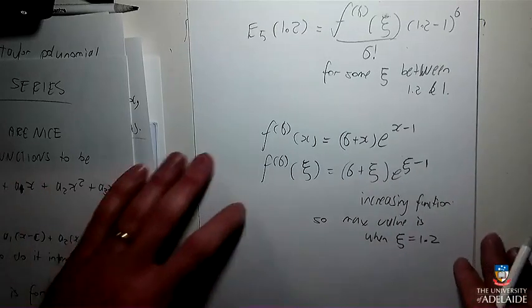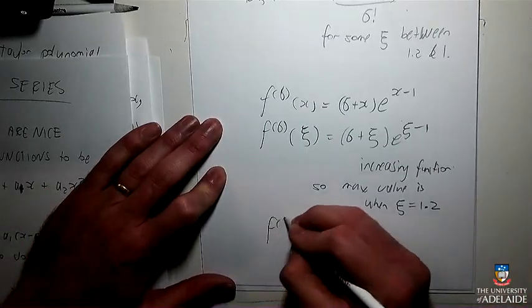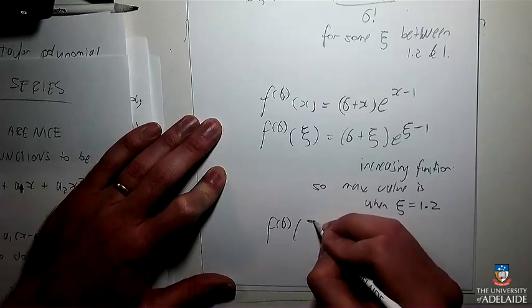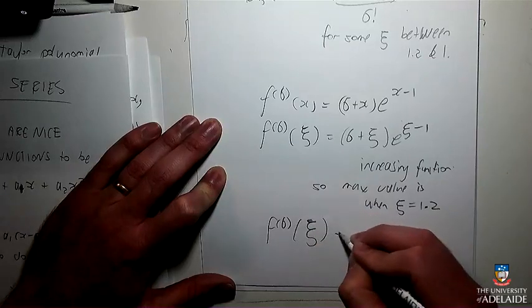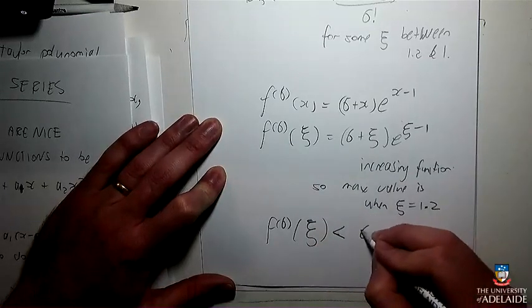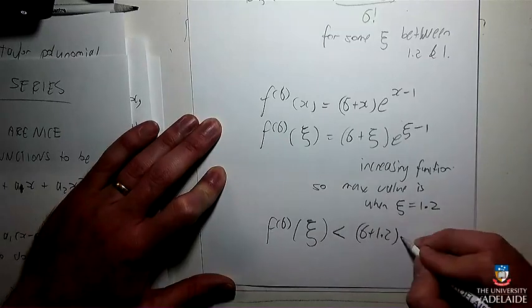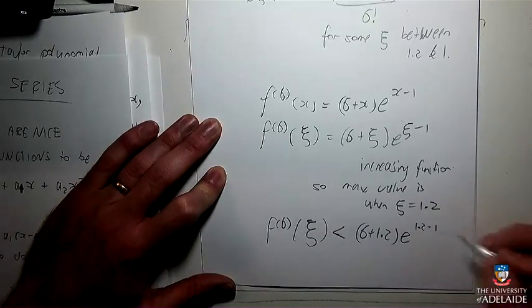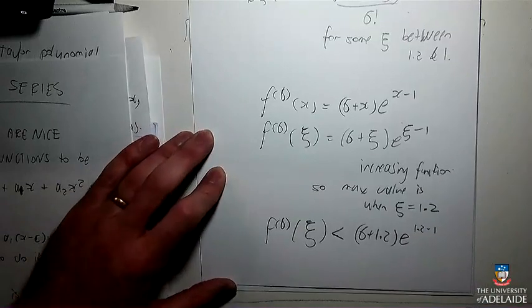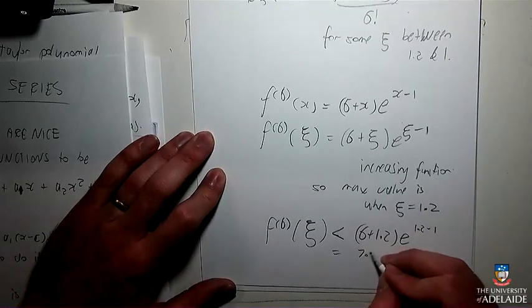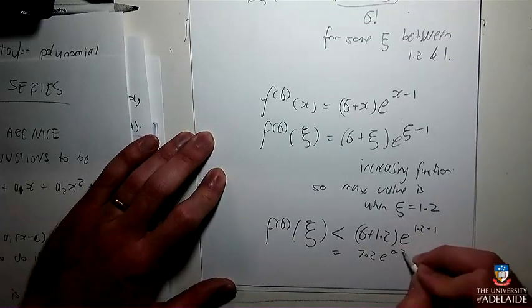Okay, so we know that this is certainly less than this, and so that's 7.2 e to the 0.2.